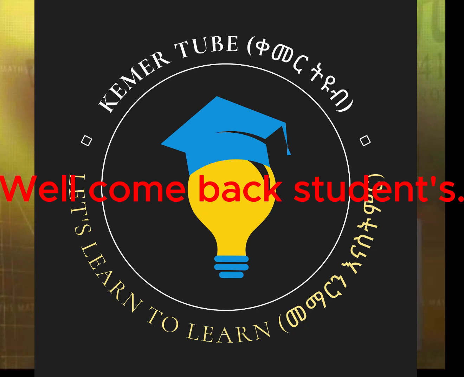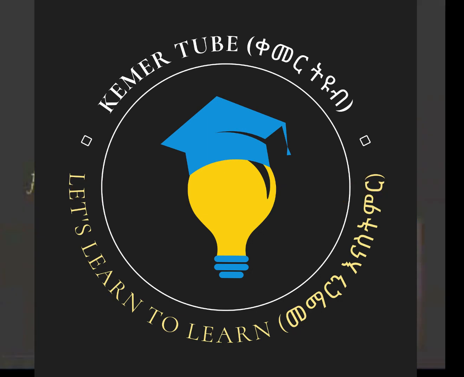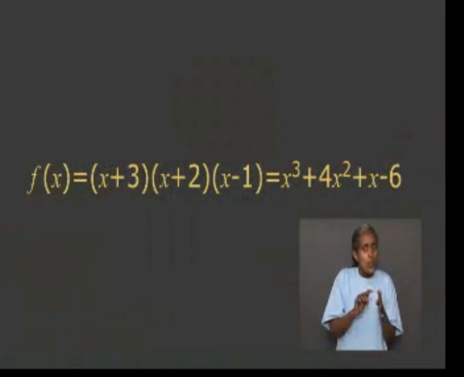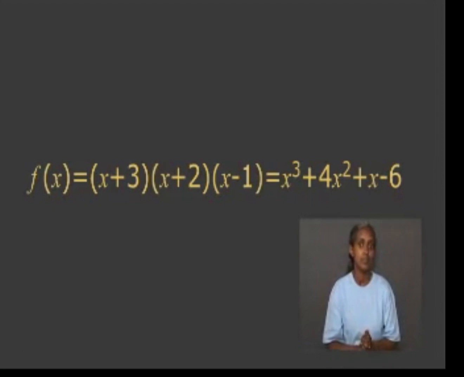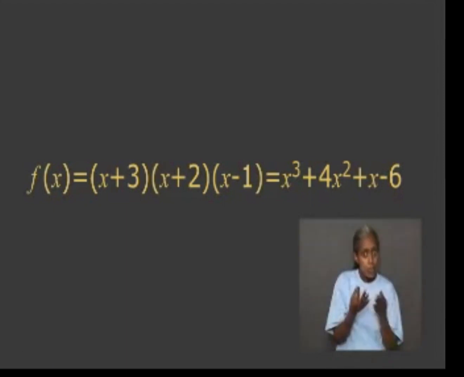Welcome back, students. If you began by factoring this polynomial, you found that its factors were x plus 3, x plus 2, and x minus 1. Therefore, we may express our polynomial as the product of these three factors.